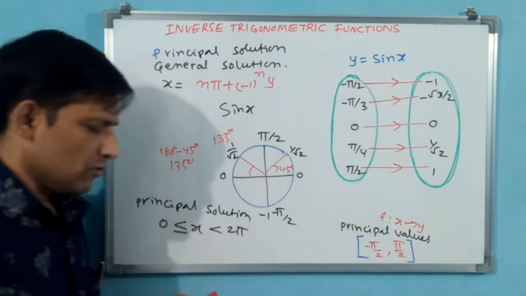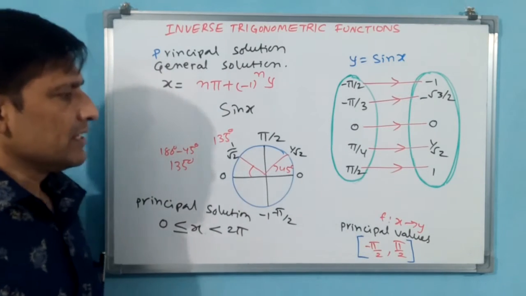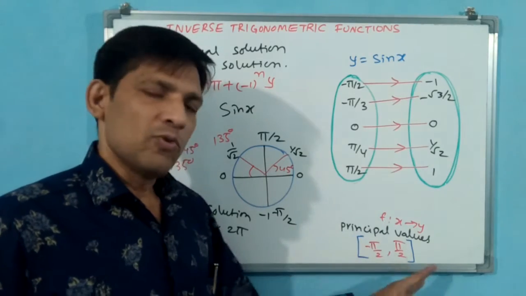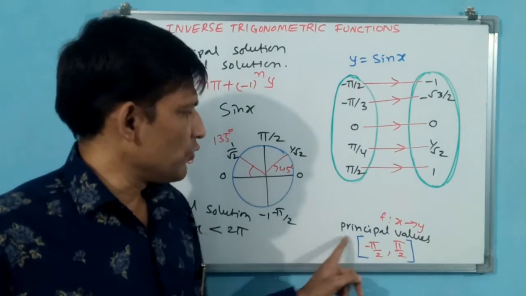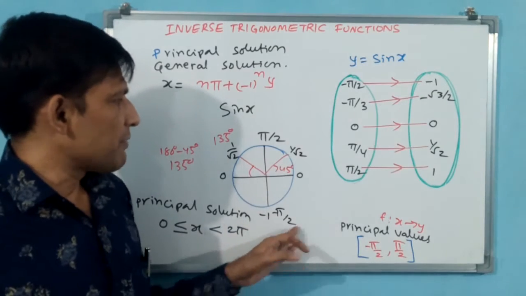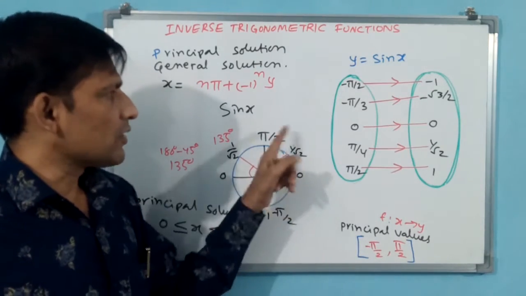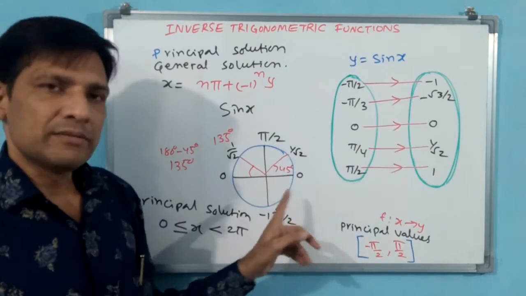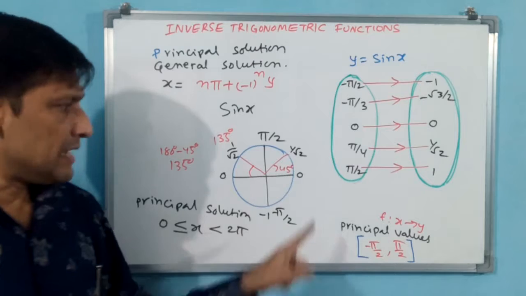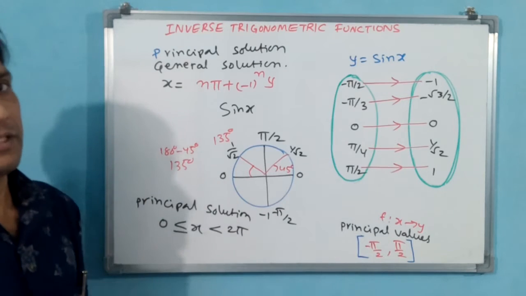Okay, minus pi by 2 to pi by 2 in closed interval is called principal values. Why? Because if you take from minus pi by 2 to pi by 2, all results are going to come, and it becomes one-one and onto function. Then we can make the inverse of this function.